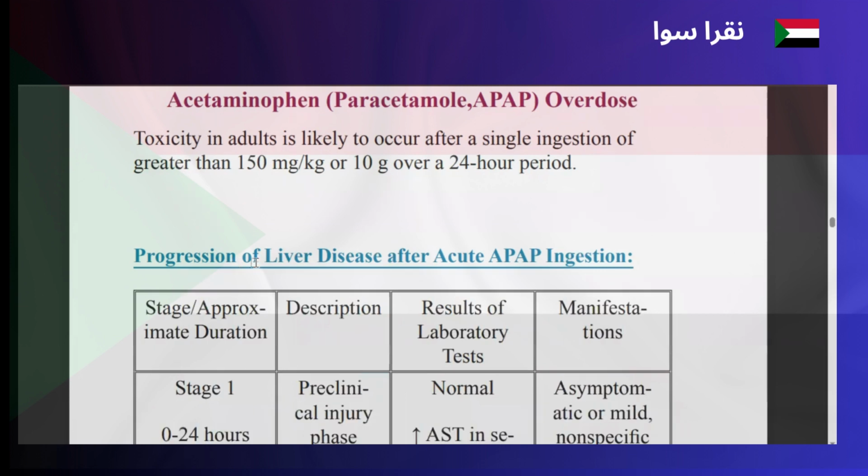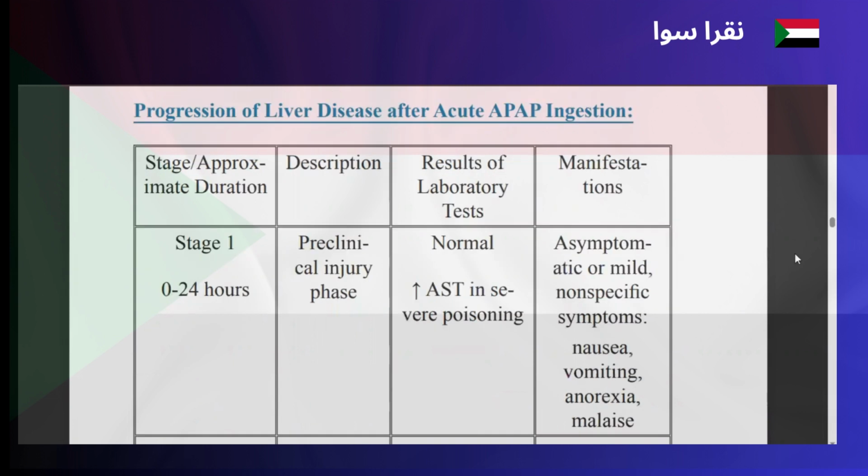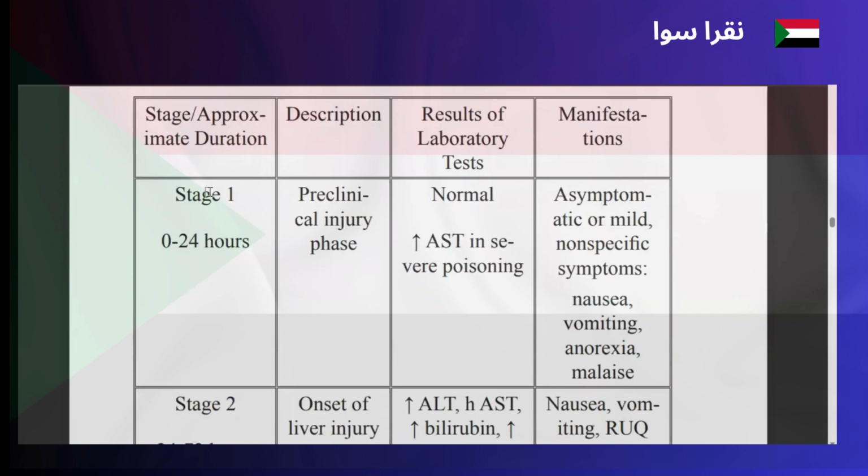The progression of liver disease after acute acetaminophen ingestion, by stage, approximate duration, description, lab test results, and manifestation. Stage 1 is from 0 to 24 hours.